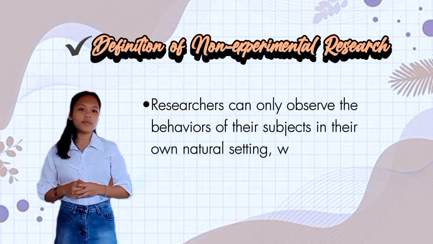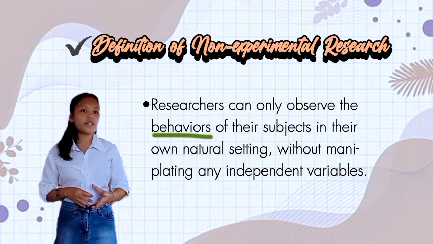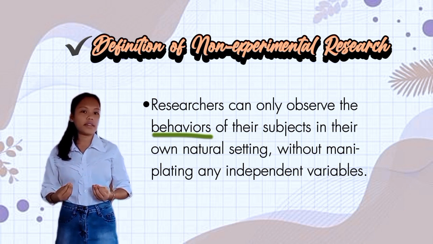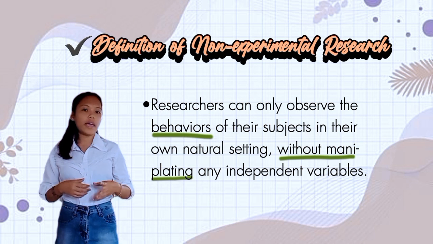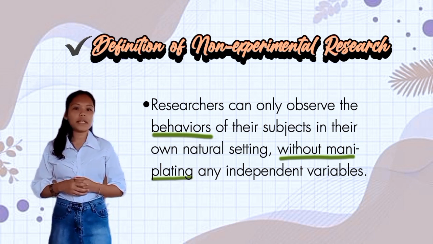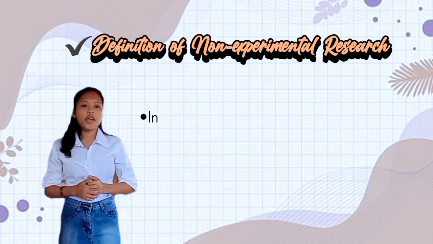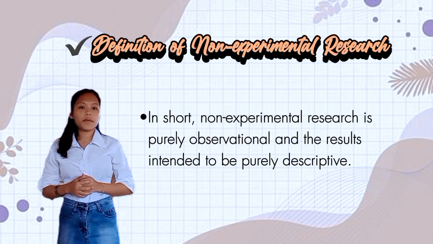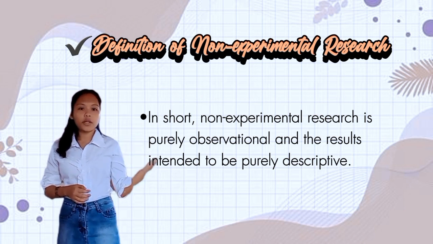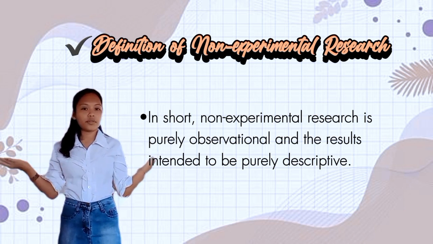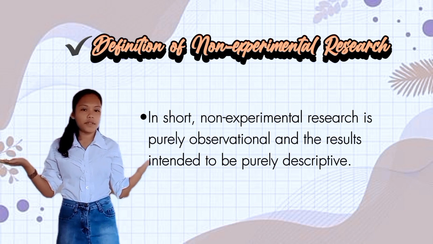Researchers can only observe the behaviors of their subjects in their own setting without manipulating any independent variables. They will just simply measure variables as they naturally occur. In short, non-experimental research is purely observational and the results are purely descriptive.